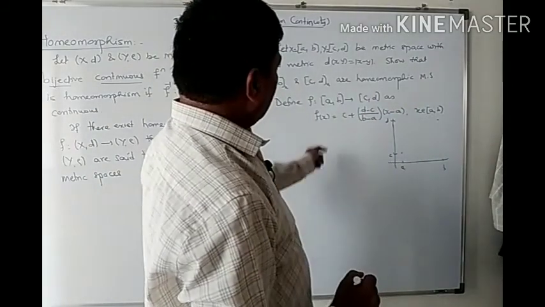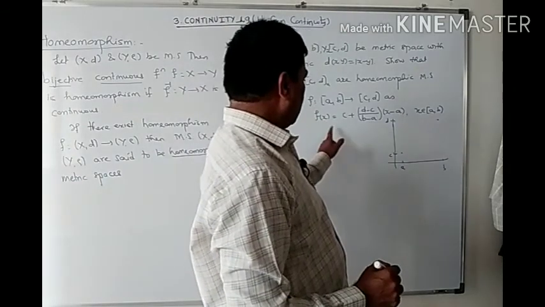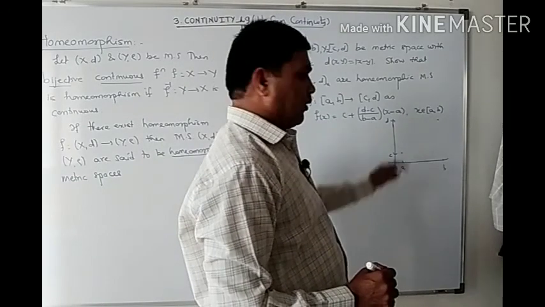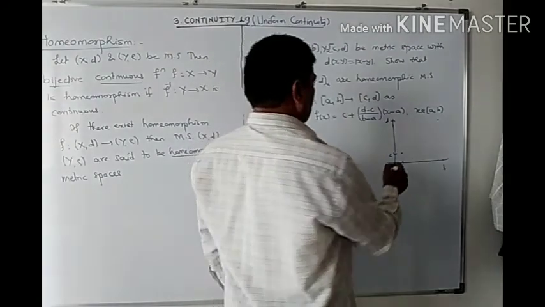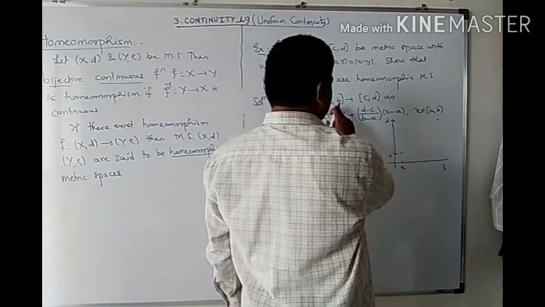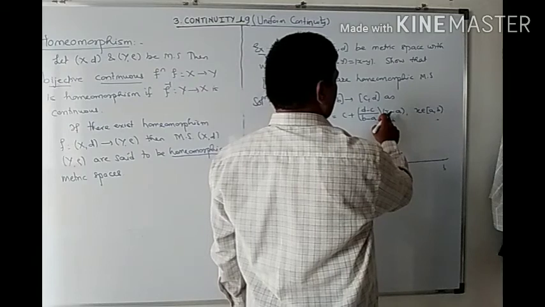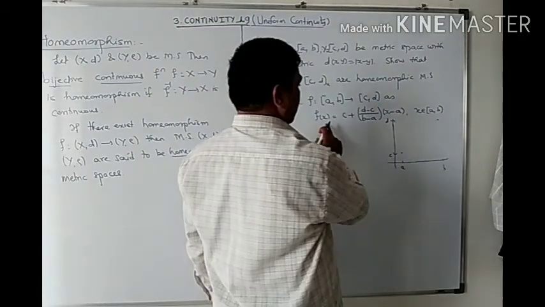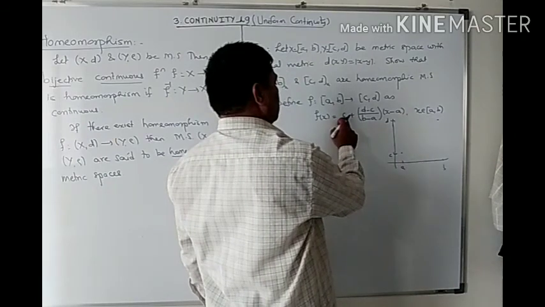Now if I put x equal to a here, the term (x − a) gives us 0, so f(a) equals c. So f maps a to c.